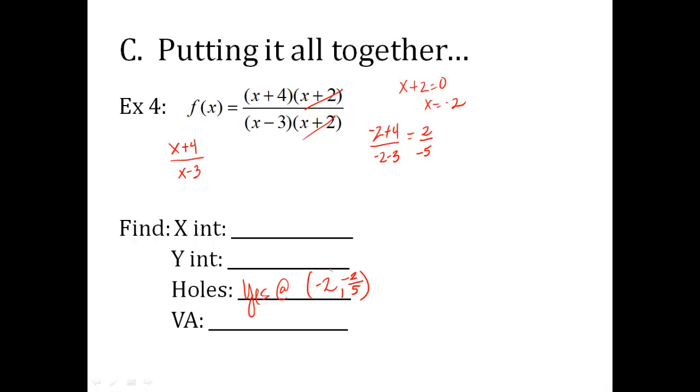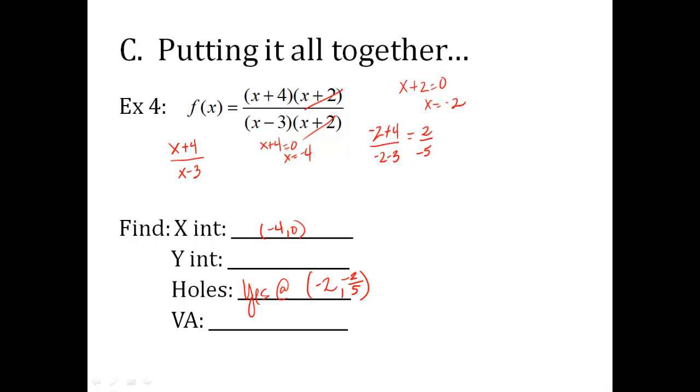So there's my hole. Now I can work on x-intercept, y-intercept. X-intercept, remember, is just setting the top equal to 0, so x plus 4 equals 0, x is negative 4, so I have negative 4, comma 0. I only have one x-intercept. The other factor that was on top originally is gone because it's a hole.